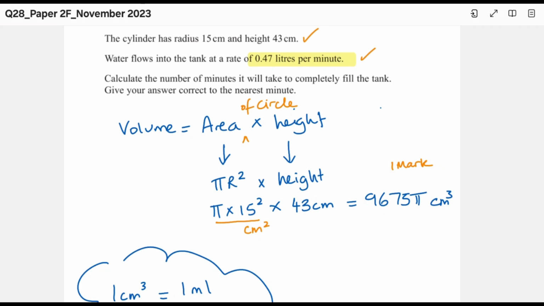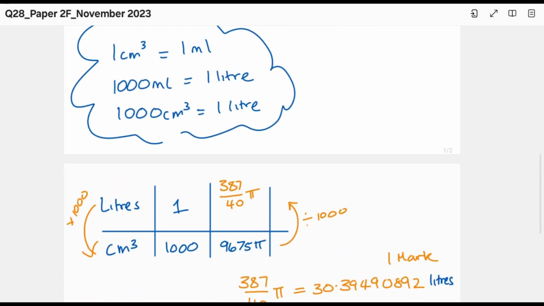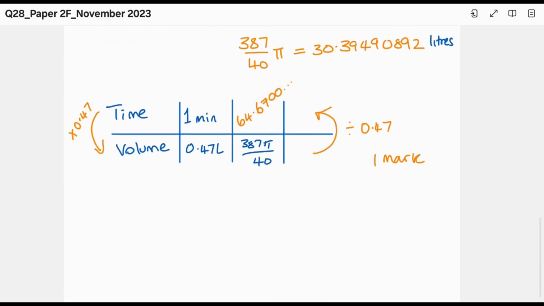So if you're giving your answer correct to the nearest minute, means that we're counting up in ones. So at the moment, we've got an answer of 64.6700 minutes. Right, if we want to round to the nearest minute, going back to this number, this is our ones, and this is the tens.